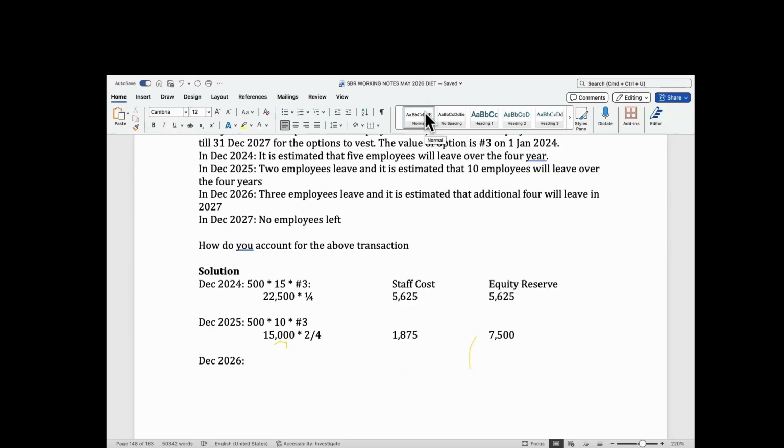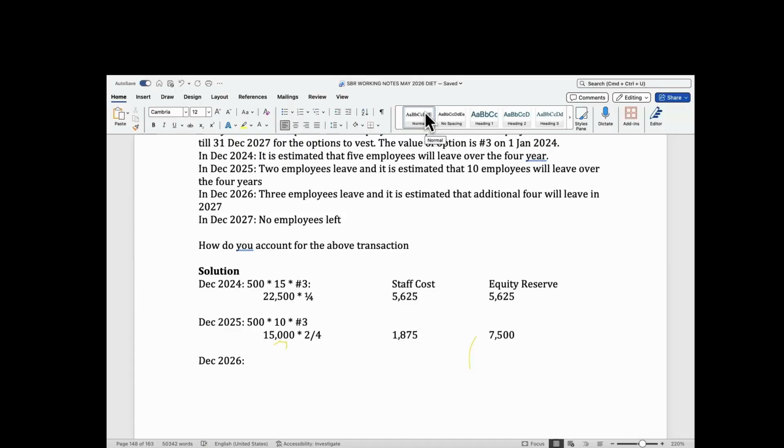The person that got 13, the person that got 14, how did you get that? We have 20 people, and they're saying that 3 people have left, and an additional 4 will leave. So that's 3 plus 4. That's 7 people are going to leave the company over the period.